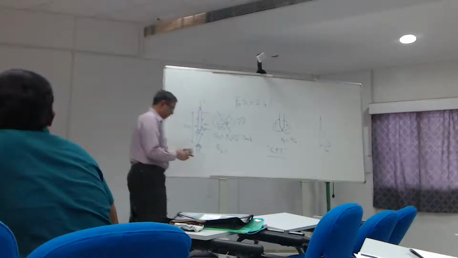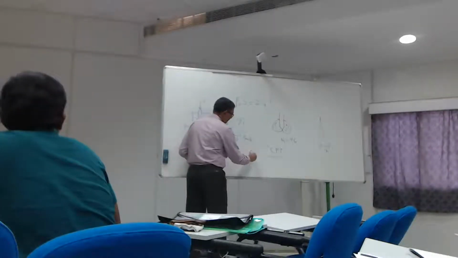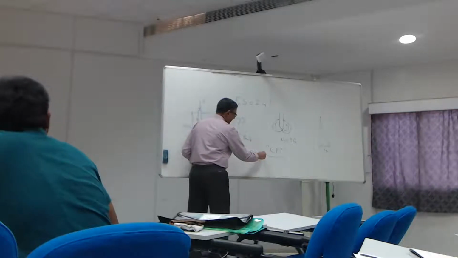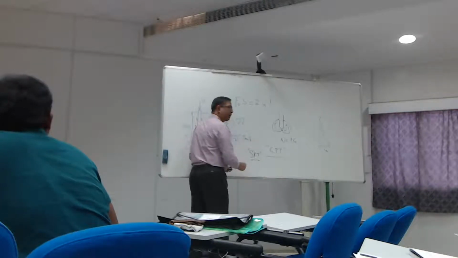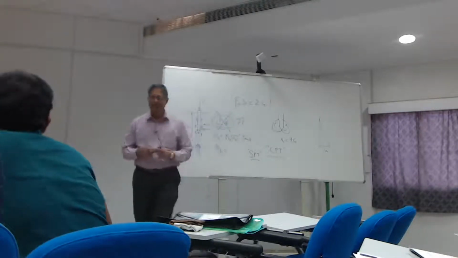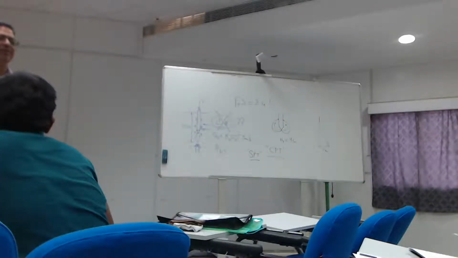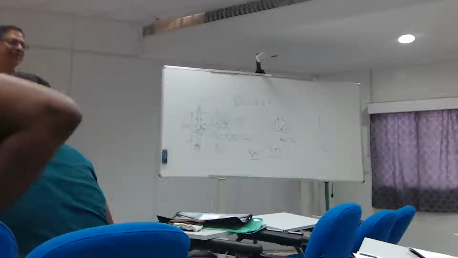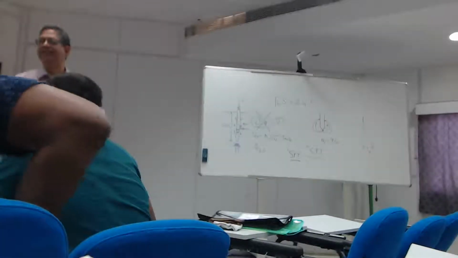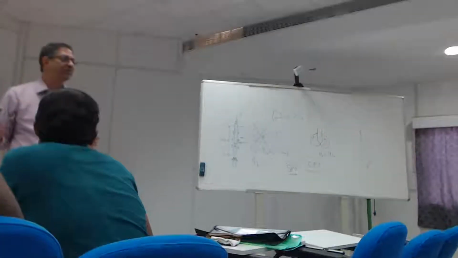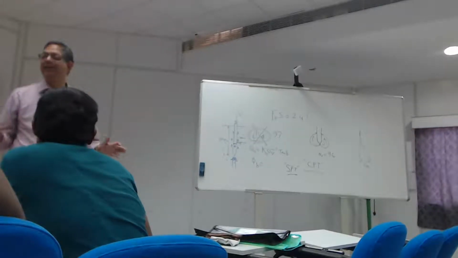SPT, if you are being a bit silly, is an easier test to do. But I have witnessed in my hometown, Kakinada, how they're doing these SPT tests. My God, I wouldn't touch those N value numbers with a barge pole. They just have no idea how to do the SPT test.